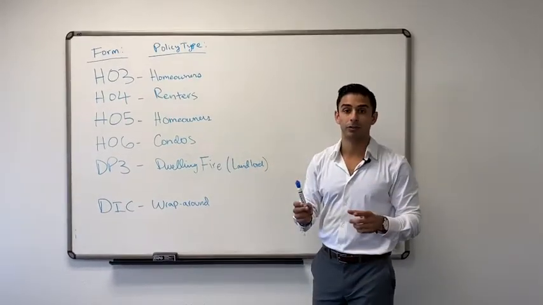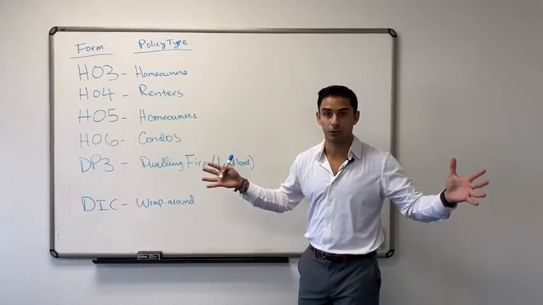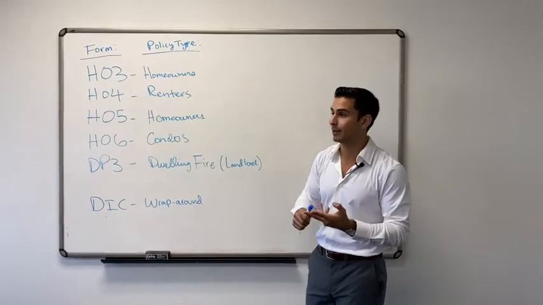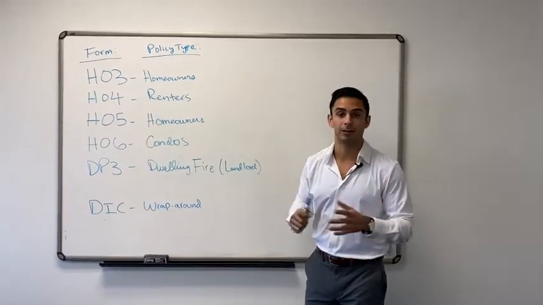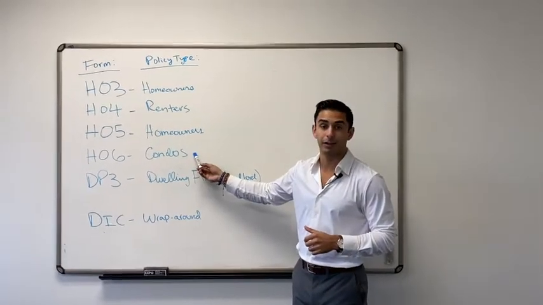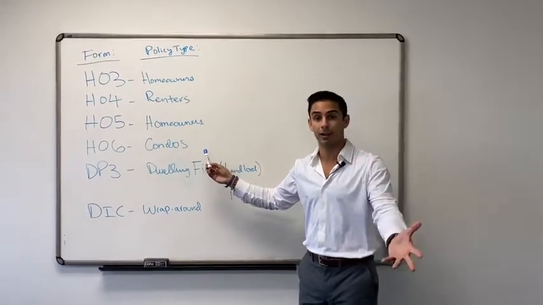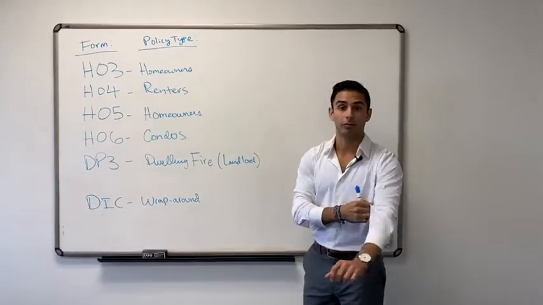And that condo unit only has fixed structure within the walls: the walls, cabinets, anything that's attached, floors, ceilings, etc. So there's owner occupied and non-owner occupied. If you own a condo but rent it out, there's a non-owner occupied condo policy as well.